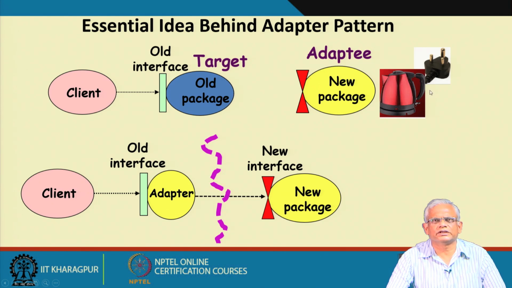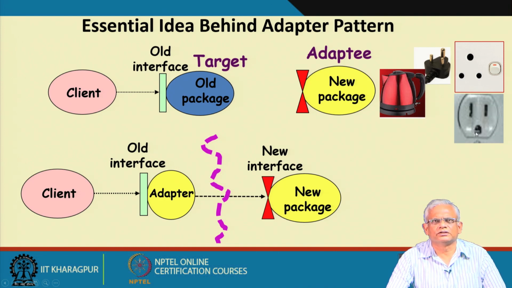I have gone to USA with this tea kettle and am trying to use it there, and we call this the target. This is the target interface, and then we went to USA and found that this is the kind of socket available. So, what do we call it? We call it the adaptee.